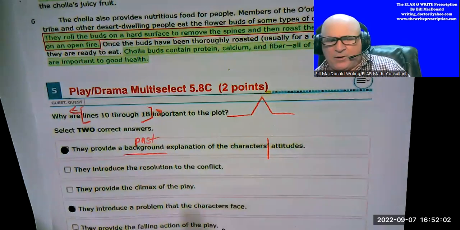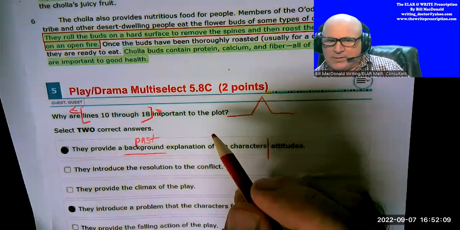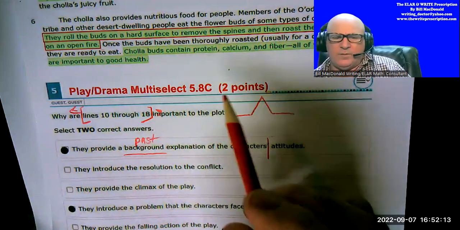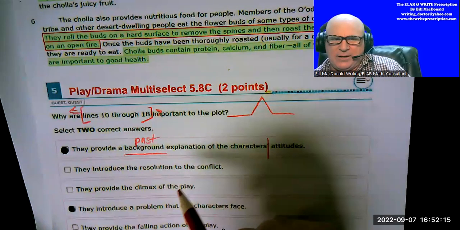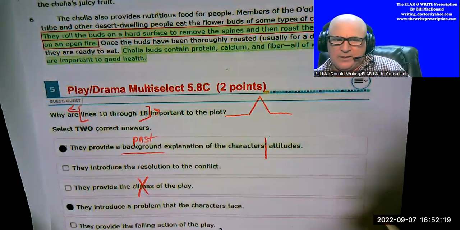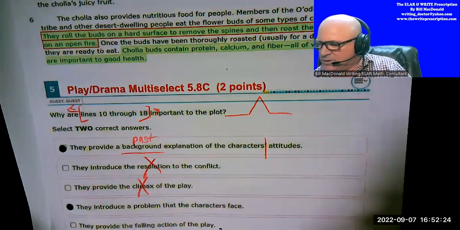If you talk about climax, there are like 50 or 60 lines in this play. I don't think the climax would be mentioned at the beginning of the play, and I don't think the resolution would be mentioned at the beginning either. So those wouldn't make sense.